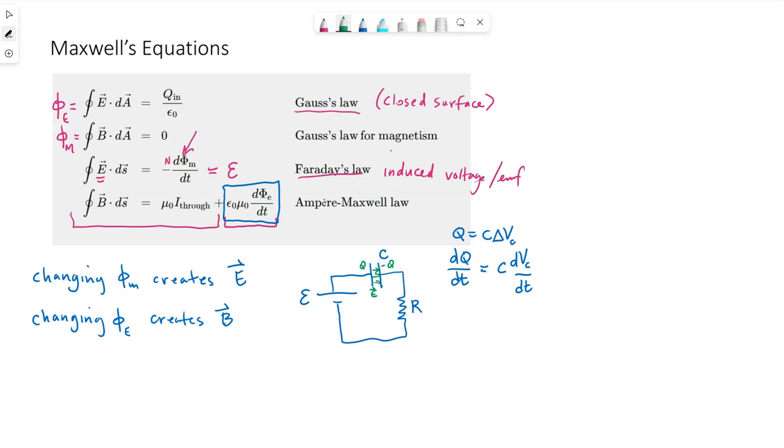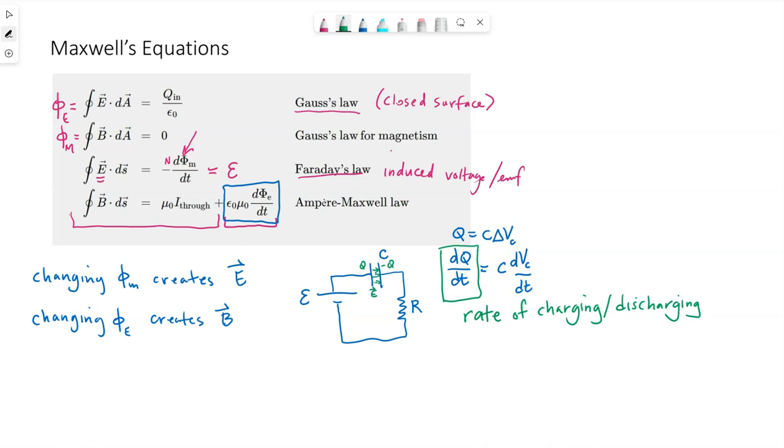We can write this is the rate of charging or discharging. We know if we take the capacitor and disconnect it from the battery, the charge will leave the capacitor. It will discharge until it reaches an equilibrium. So dq dt, this charge needs to be changing because that's why the electric field would be changing.